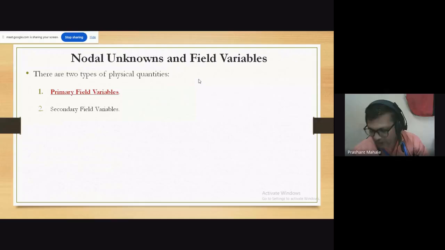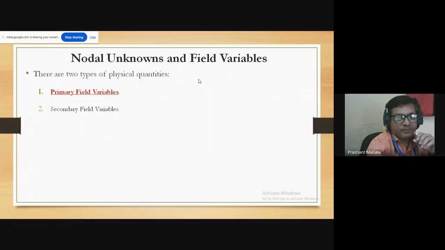I discussed both in one of the previous sessions, and at that time I gave a very brief introduction. So here we will go into detail.